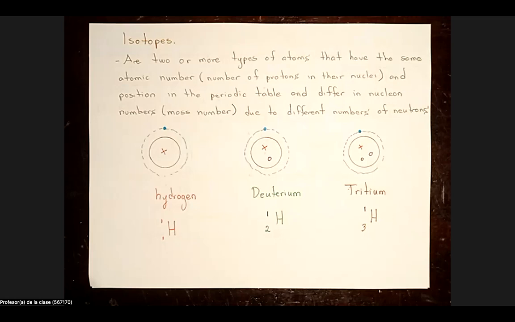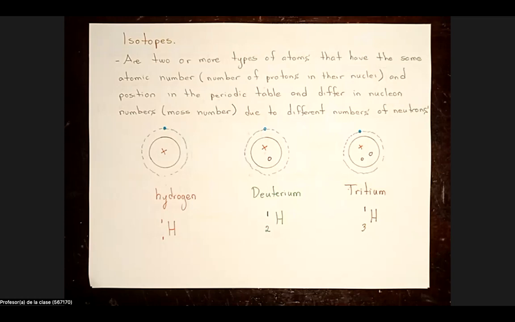And in ions, the number of electrons is the change between a neutral atom and an ion. But isotopes have the same quantity of protons, same quantity of electrons, but differ in the number of neutrons, right?